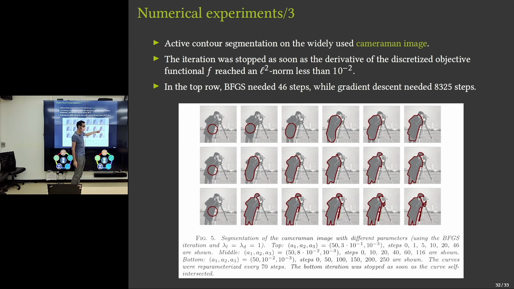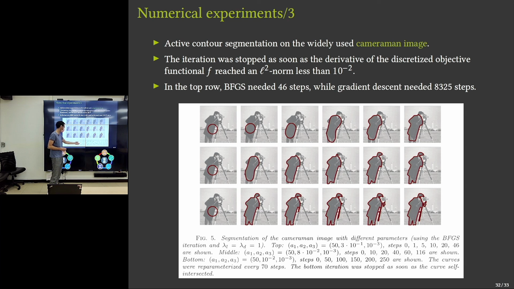But in the second row, the last image is 116. So among the three rows, it's not really a fair comparison in terms of the number of iterations, because here is 46, here is 116, and here is 250.